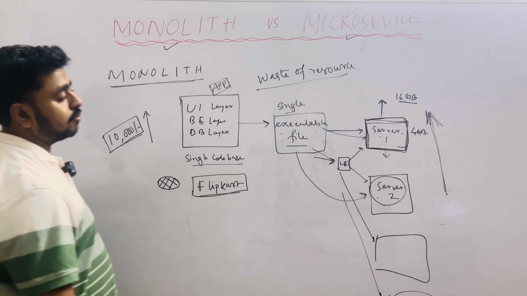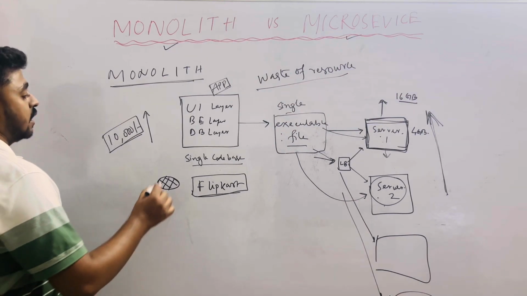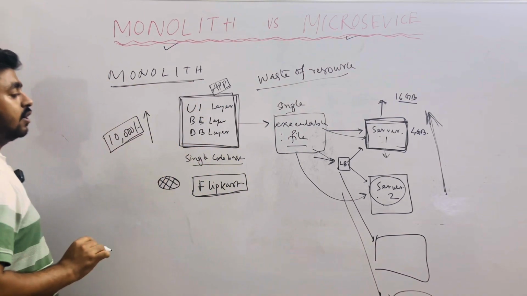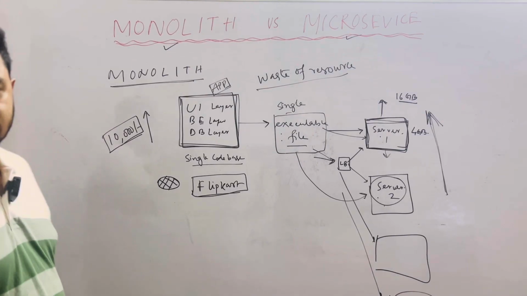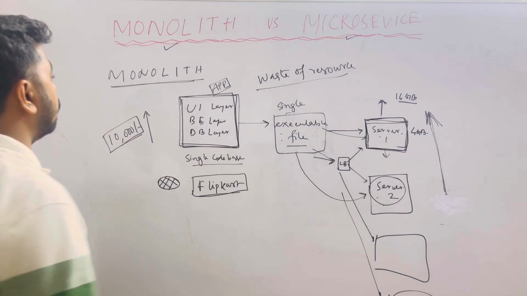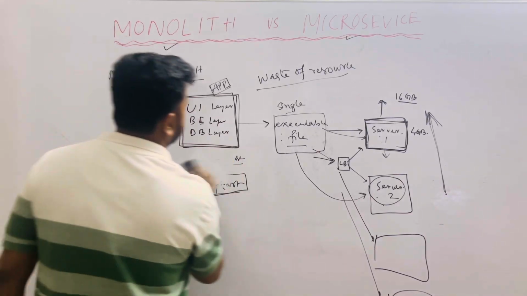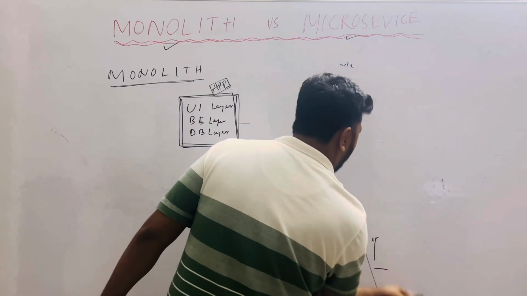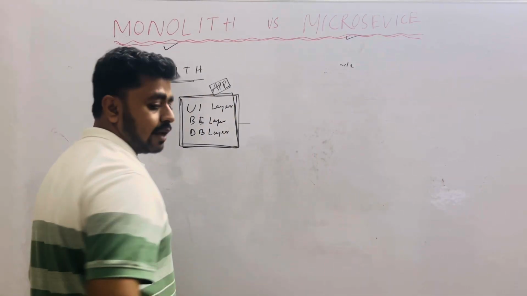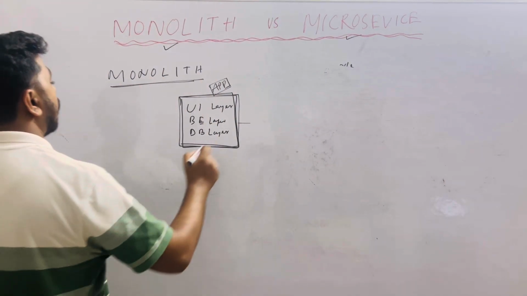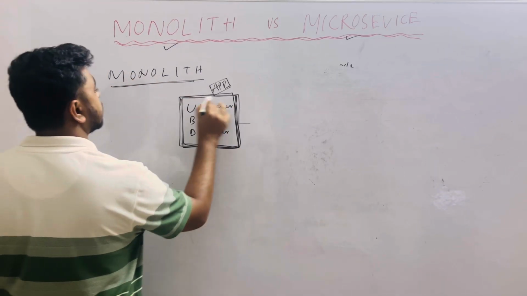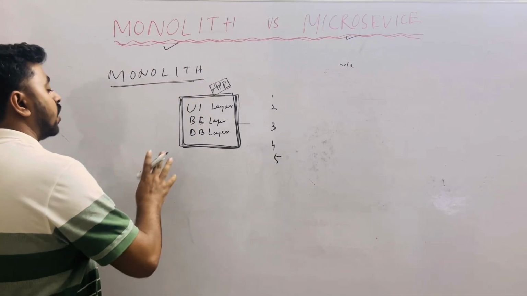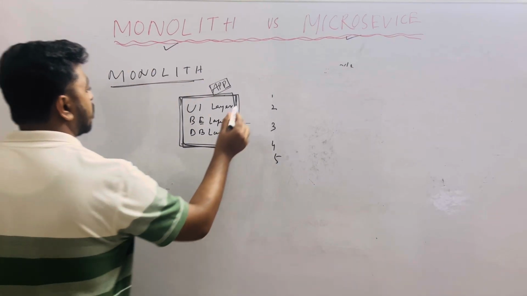What is the other problem? Another problem with monolith is that you have a single code base with all the files clubbed together. Suppose multiple developers, say 5 developers, are working on this application.